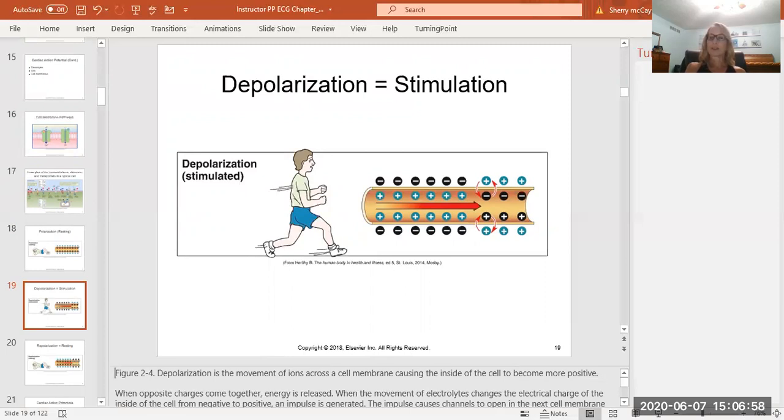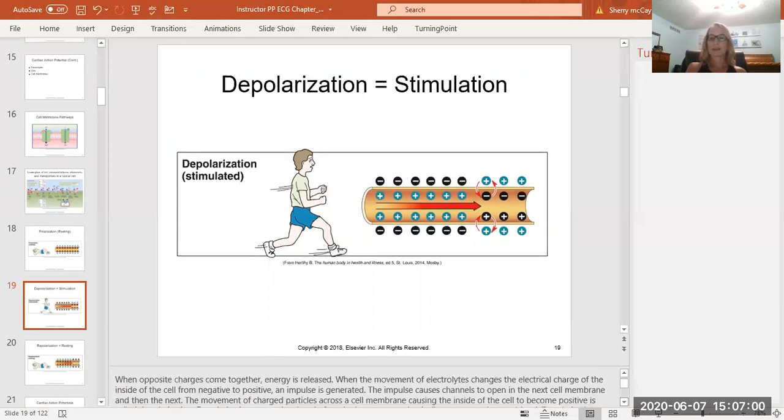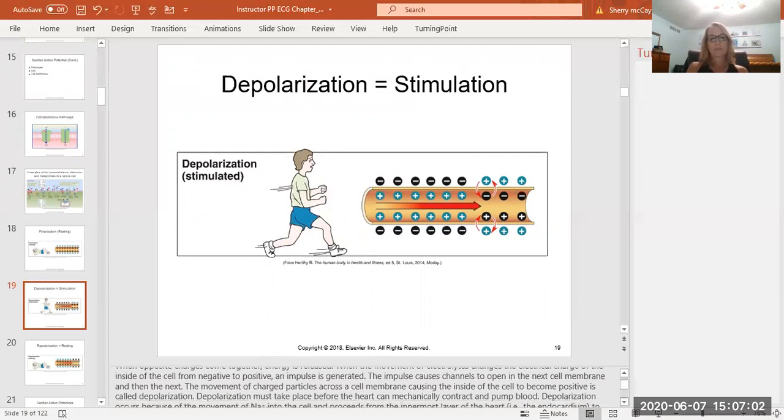The impulse causes channels to open in the next cell membrane and then the next. The movement of charged particles across a cell membrane causing the inside of the cell to become more positive is called depolarization. Okay, so let me again state that. The movement of charged particles across a cell membrane causing the inside to become more positive is called depolarization.